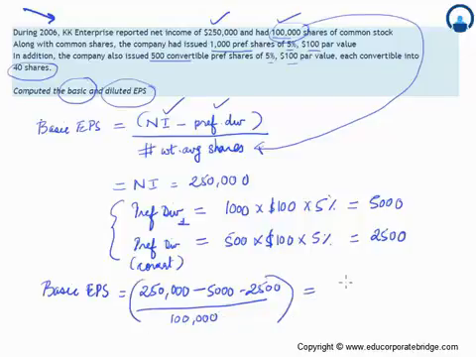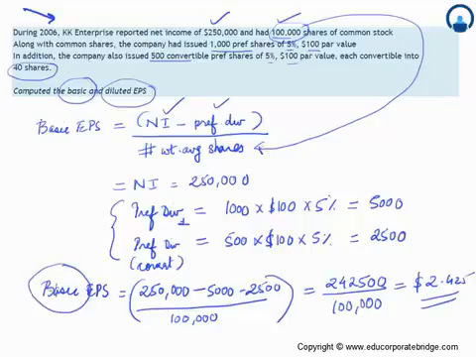So this number comes out to be 242,500 divided by 100,000. So the EPS would be equal to 2.425. So this is your basic EPS. Now let us look at how our diluted EPS will look like when the convertible preference shares will actually convert into 40 shares. So let's look at that case now.